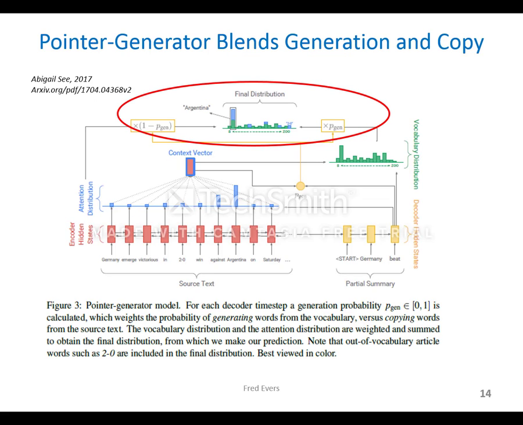So this highlights the idea at the very top that I just described, where that decision is taken. The probabilities on both sides are highlighted by the circle, and it is a decision made by the system whether to use a word from the source text versus the embedded vocabulary, and that's what is unique about this particular system.